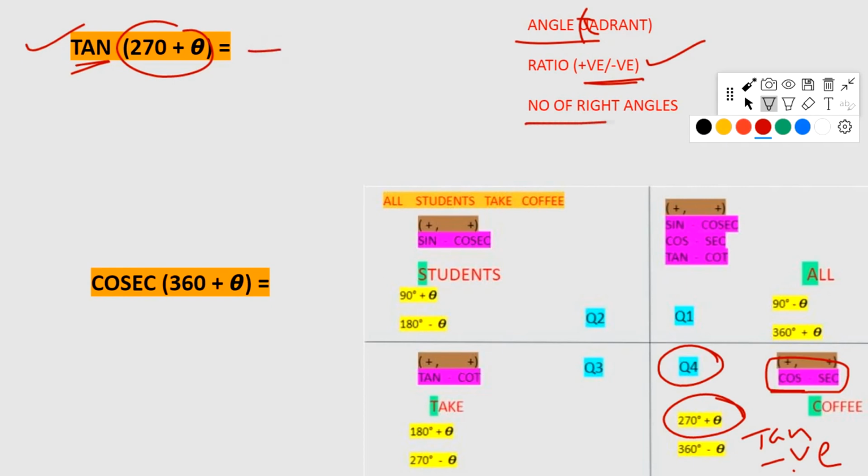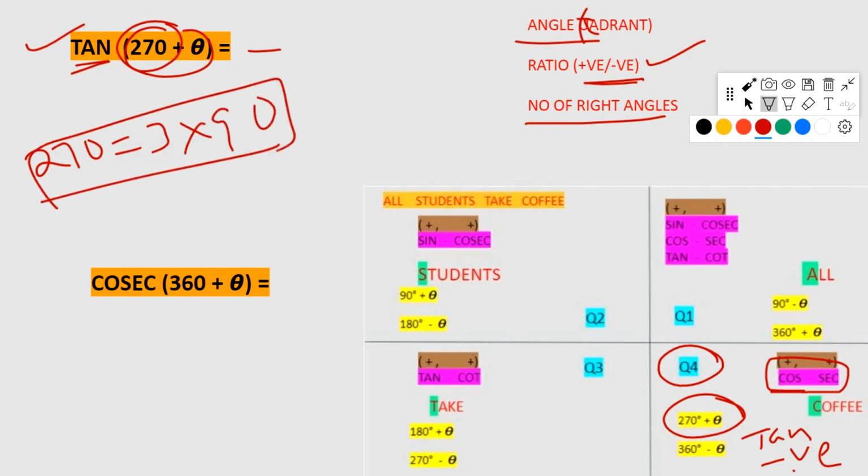Next step, number of right angles. In the angle 270, the number of right angles is 3 90s. Here 270 means 3 90s. So 3 is an odd number. So in the angle 270, there is an odd number of right angles.